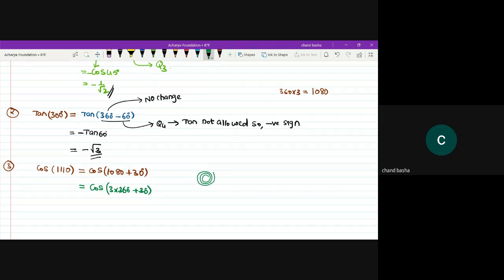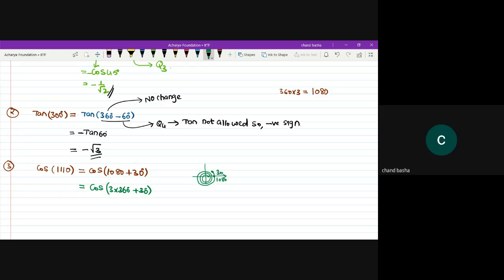Third circle, 1080, and then we'll enter into the first quadrant. Hope you can understand my point. Here we have started with theta value 0, completed one circle, two circles, three circles. That means 1080 plus something, plus 30.